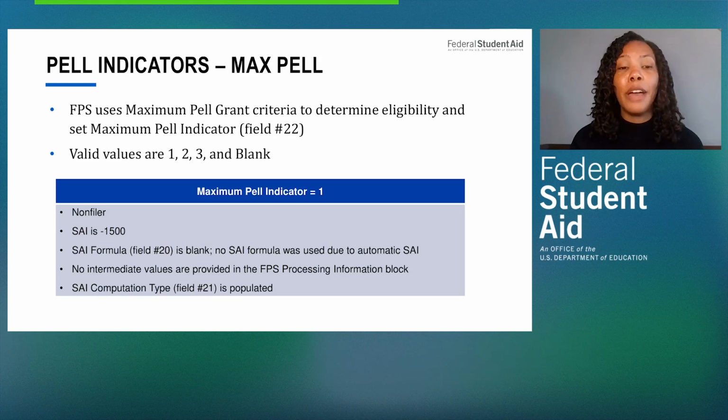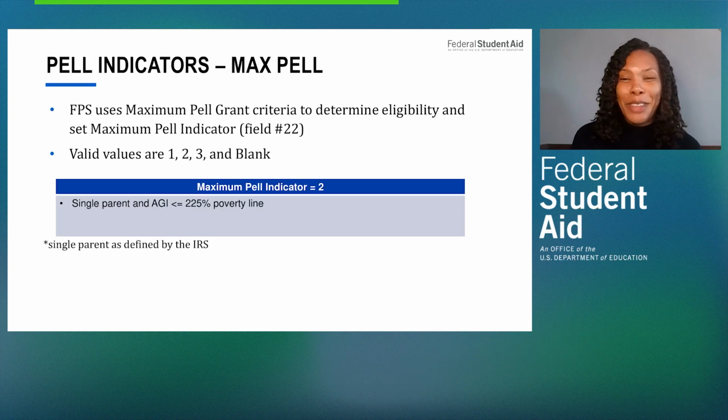The SAI formula field on the ISIR is going to be blank because there is no overall formula, because they're going to get an automatic negative 1500 SAI. There are no intermediate values provided on the FAFSA processing section of the ISIR because there was no calculation done. The SAI computation field, number 22, is populated with that information.